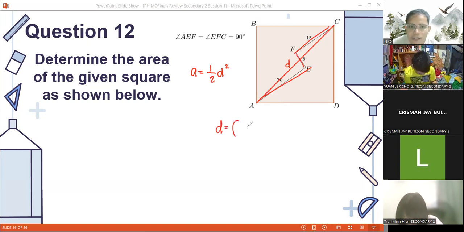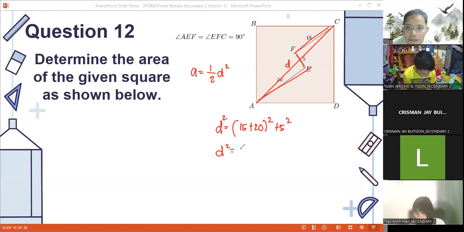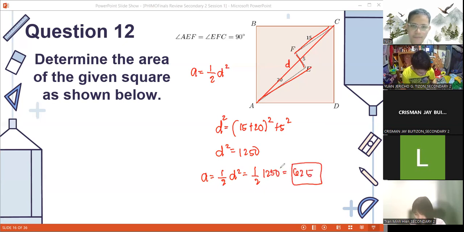So the diagonal squared is just 15 plus 20 squared plus 5 squared. Okay? So the diagonal squared here is equal to 1250, right? So the area, which is 1/2 of the diagonal squared, is gonna be 1/2 of 1250, equal to 625. So that is our answer.